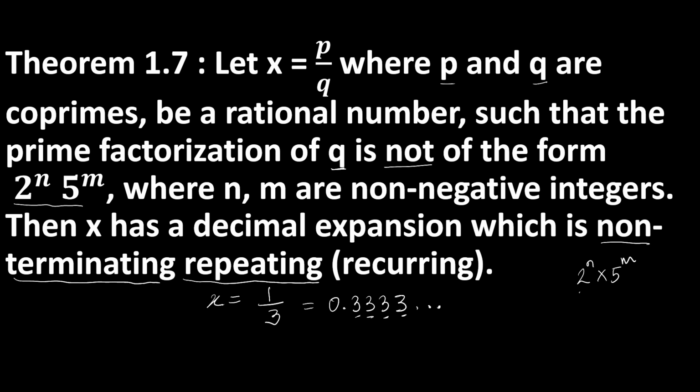So if you cannot write down the denominator of the rational number in the form of 2 raised to n into 5 raised to m, then that rational number will have a decimal expansion which will be non-terminating and repeating. Repeating is also known as recurring.